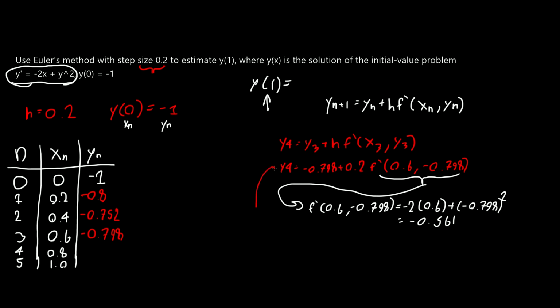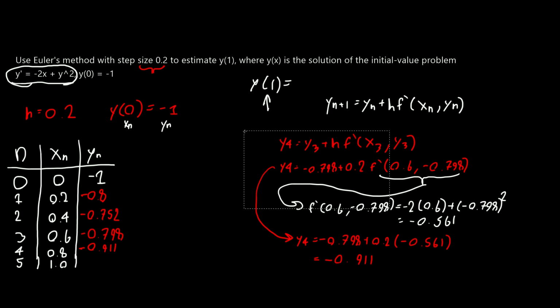And now let's go back to Euler's method. So y sub 4 will equal negative 0.798 plus 0.2 multiplied by negative 0.561. And now this will be approximately negative 0.911. And then that can go under our y sub n when n is 4. So negative 0.911.